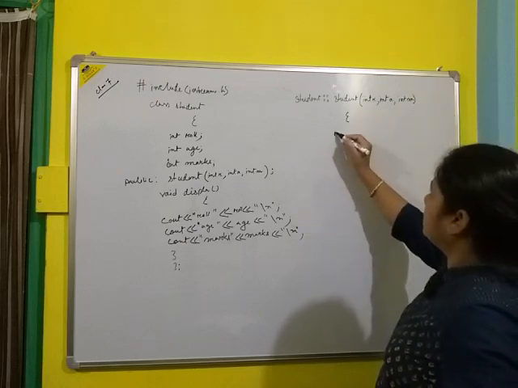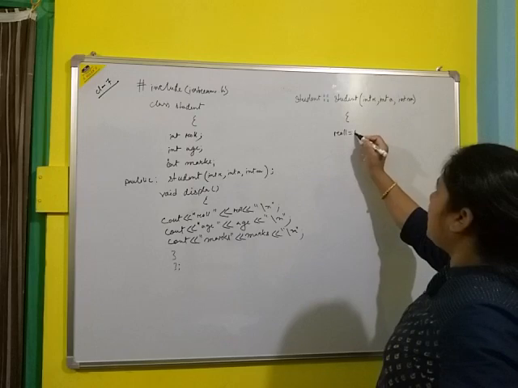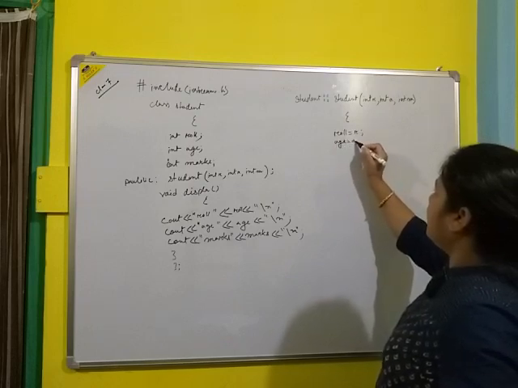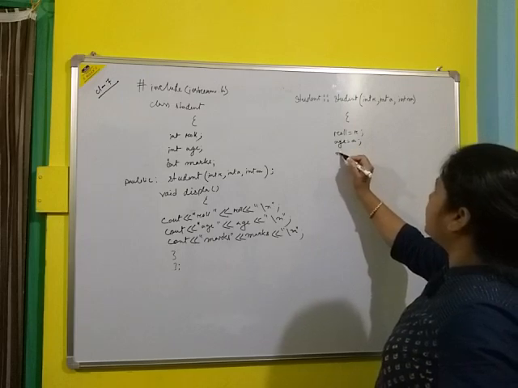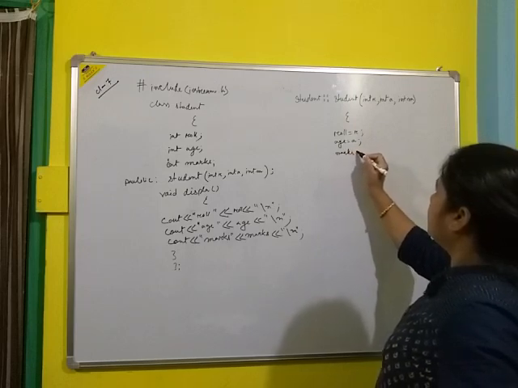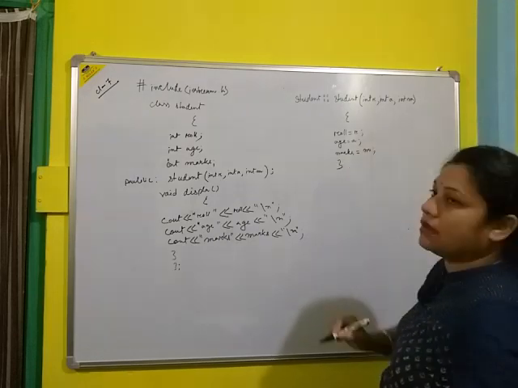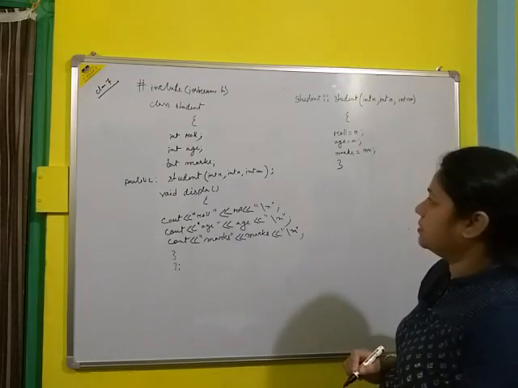Begin. Roll equal to r, age equal to a, marks equal to m. End of the parameterized constructor definition.